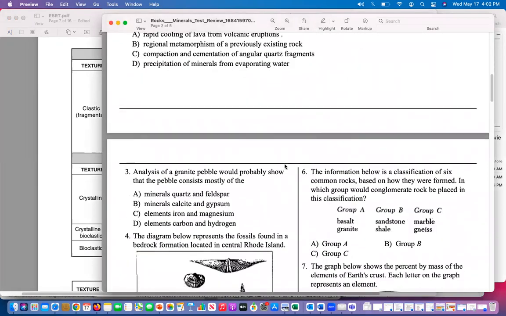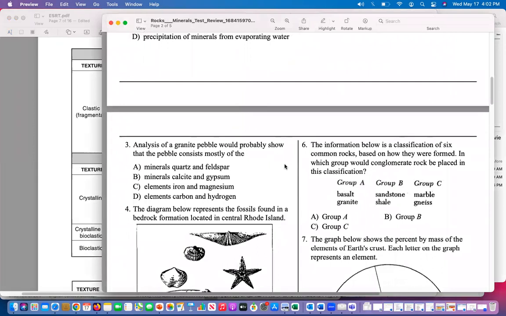Number 3, it says analysis of a granite pebble would probably show that the pebble consists mostly of the what? So granite pebble. This word granite, I've seen this word before. I know that it's a type of rock. What type of rock is it?